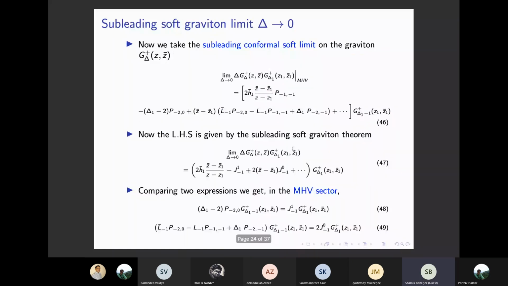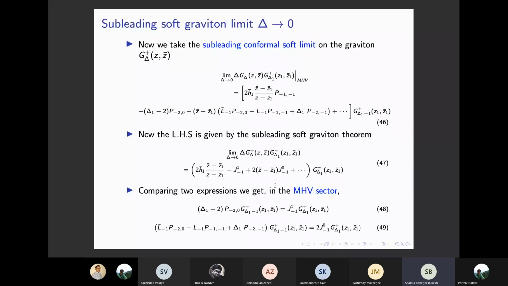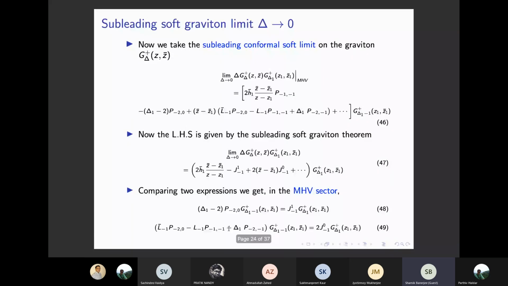Now, since these OPEs and all these things hold for all values of the conformal dimension, for simplicity you can shift this delta, and you can shift the delta 1 by 1, and if you use this, then you can write these two relations in this form.